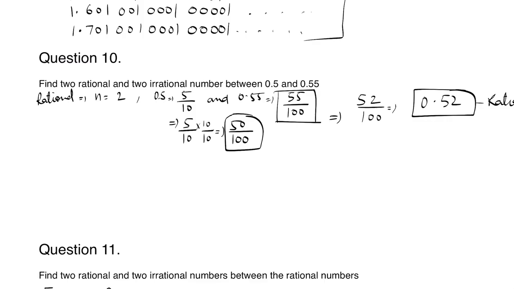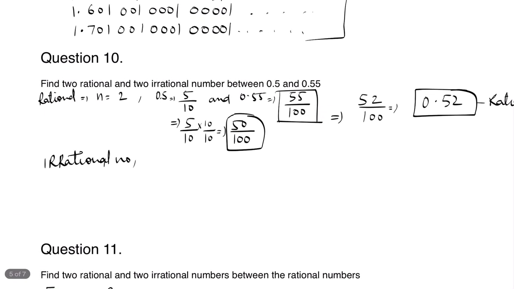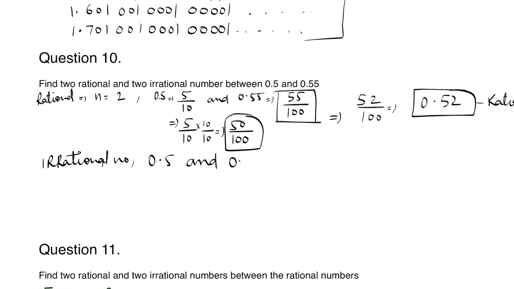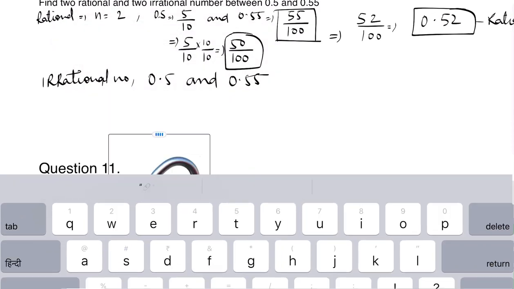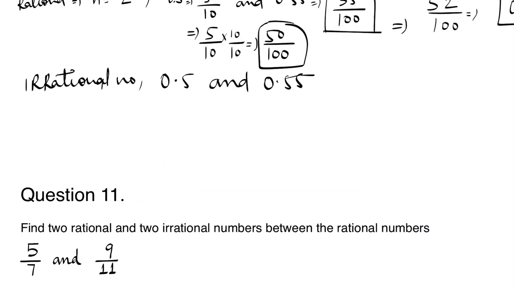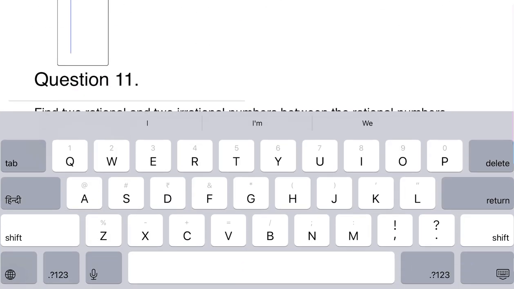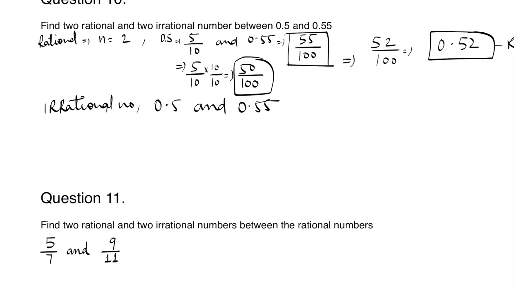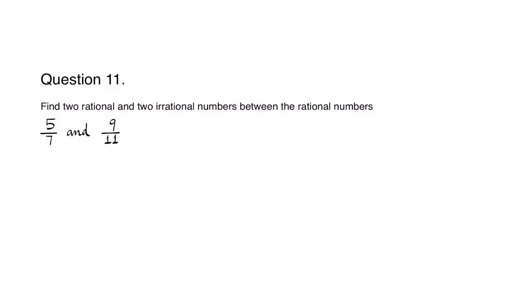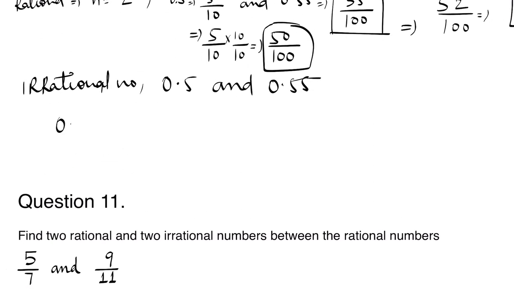Now for irrational numbers, an irrational number between 0.5 and 0.55 may be, let's say, 0.51511511115.